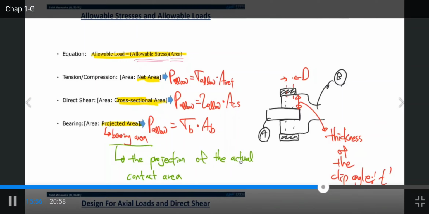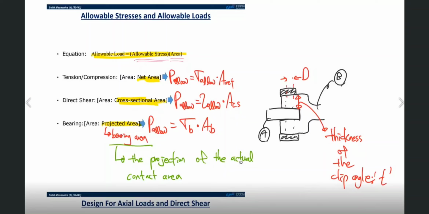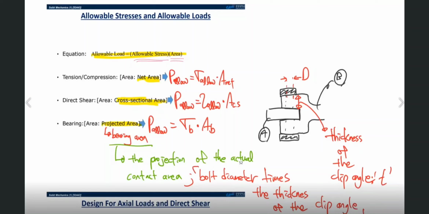So in this specific mechanical structure, we can define the bearing area as the bolt diameter times the thickness of the clip angle. The bolt diameter D, right?